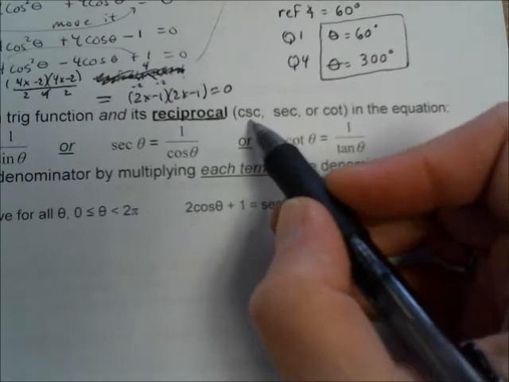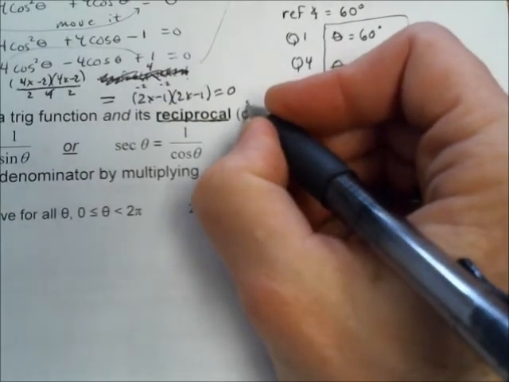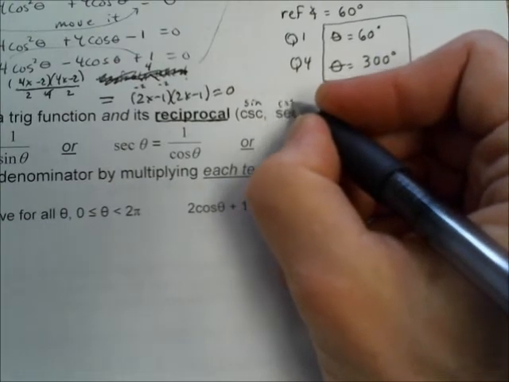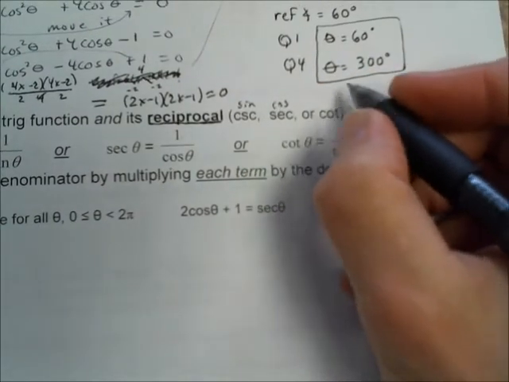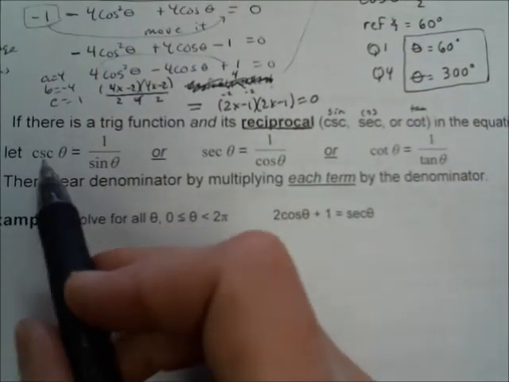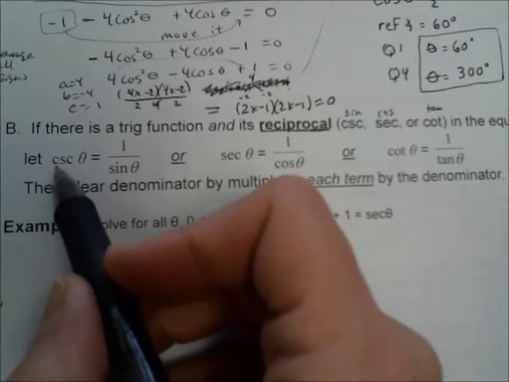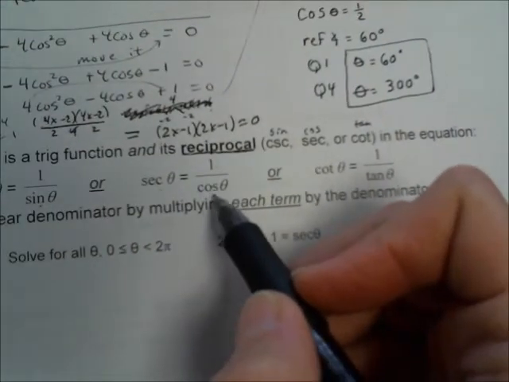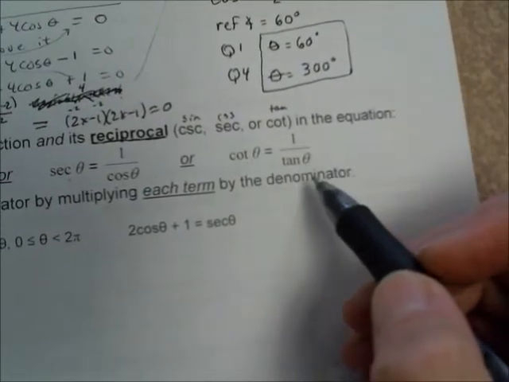The reciprocal of cosecant is the sine. The reciprocal of the secant is the cosine, and the reciprocal of the cotangent is the tangent. I've got this laid out down here for you. The cosecant is the reciprocal of the sine, secant reciprocal of the cosine, and the cotangent reciprocal of the tangent.